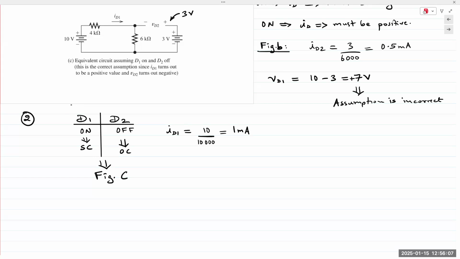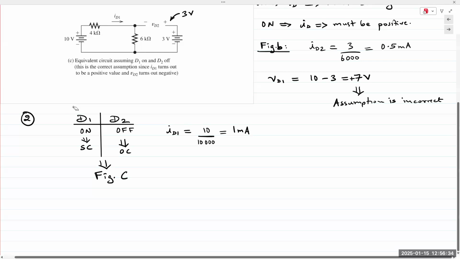How can we find the value of VD2 at the cathode? Voltage across the 6 kilo ohm resistor. And we can do that by simple voltage division. These resistors are in series with the 10 volt source.